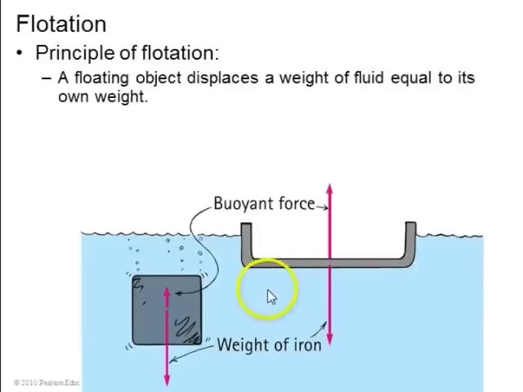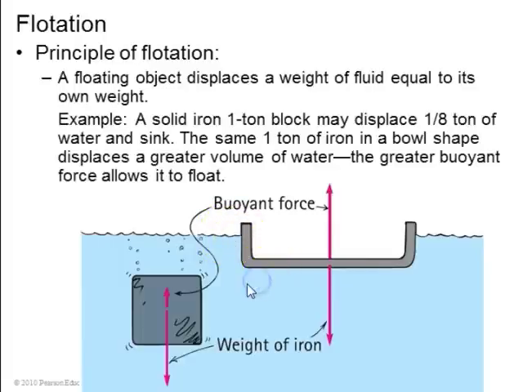The principle of flotation is that a floating object up on the surface is displacing an amount of fluid equal to its own weight. For example, if you have a block of iron that weighs 1 ton, since iron is 8 times more dense than water, it displaces 1/8 of a ton of water and it sinks.